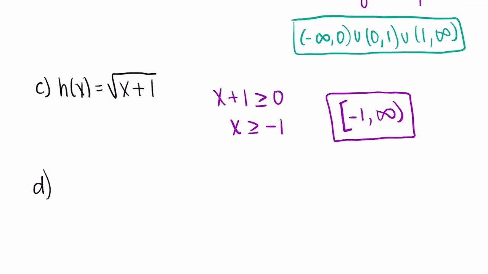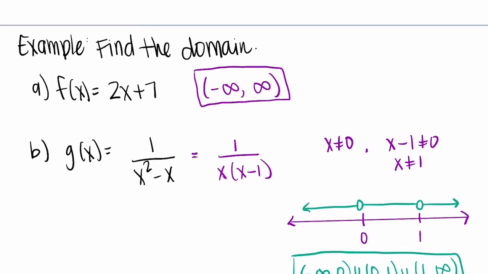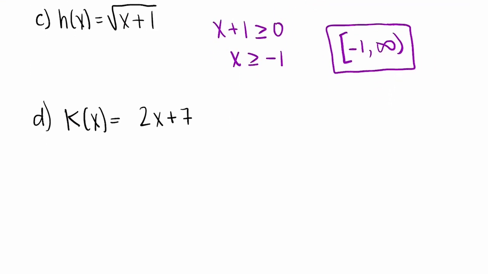Okay. For the next one, we're going to combine two things we've already seen. We call this k of x. So I have 2x plus 7 that we had at the beginning. That was our a. And then I'm going to divide that by the square root of x plus 1.